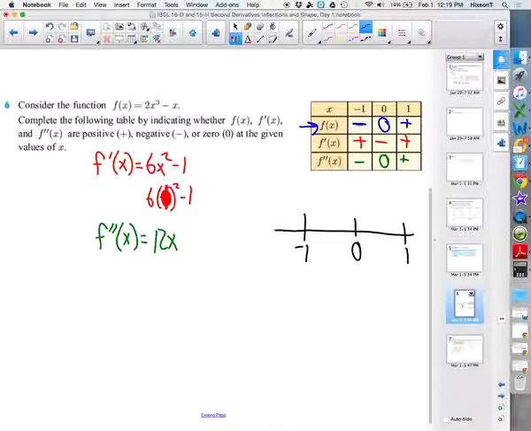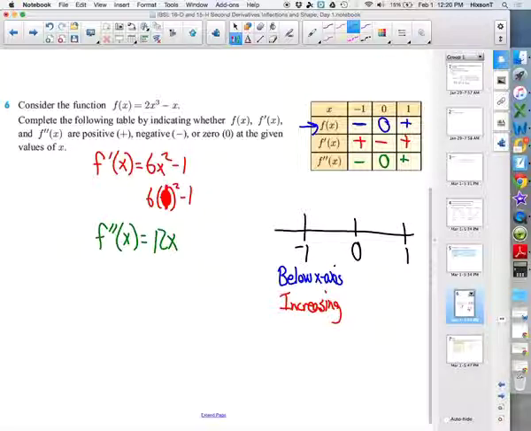First of all, at -1, we're below the x-axis, because f of x is negative. The derivative is positive, so we know that it's increasing. And thirdly, because the second derivative is negative, we know that we are concave.